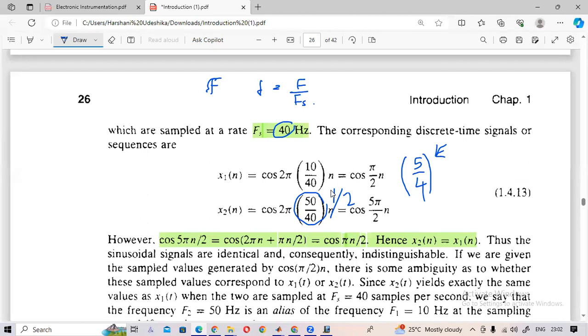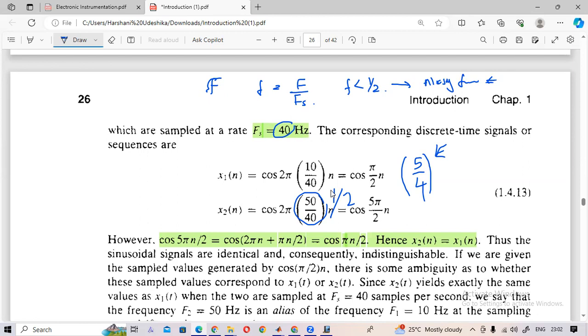Now this f you need less than half. Otherwise, what happens? You will get another frequency, which we call the aliasing frequency. You will get the aliasing frequency, and it is also called the aliasing effect.